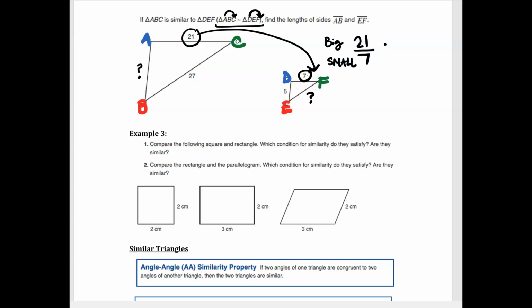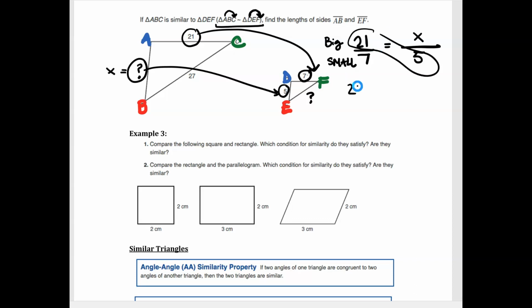Okay, and I'm going to make a proportion. So I'm going to say 21 is to 7, and then I'm going to take 2 of the other sides. The question mark, the unknown, goes with 5. Let's call this X. So X is to 5, and I set up a proportion. X is the big, and 5 is the small. So you want to keep everything consistent here. And then we're going to cross multiply. So we're going to say 21 times 5 equals 7 times X. Oh, nope, that's not right.